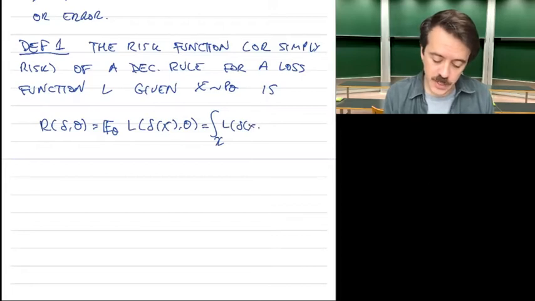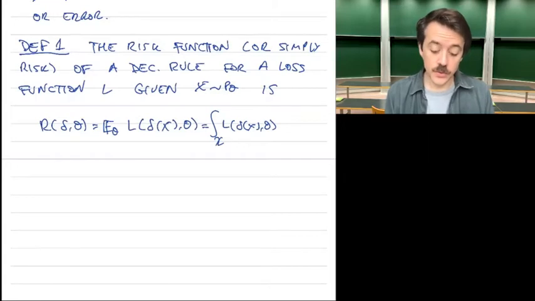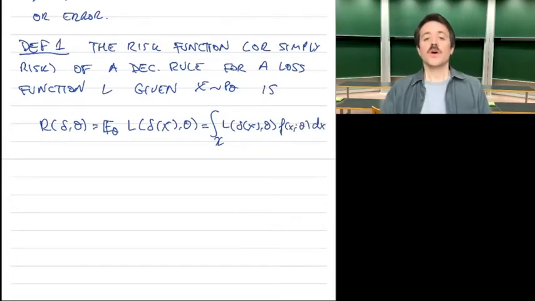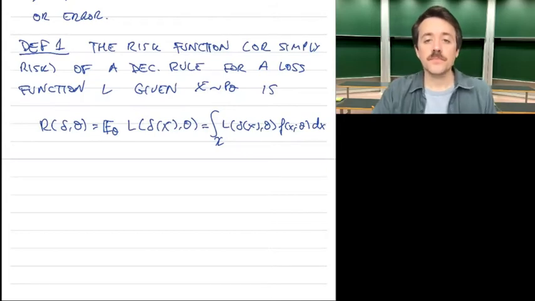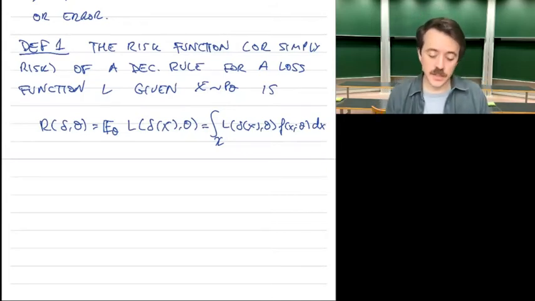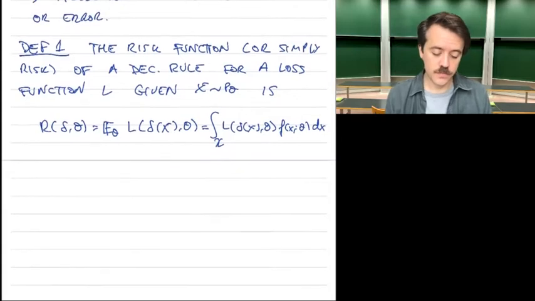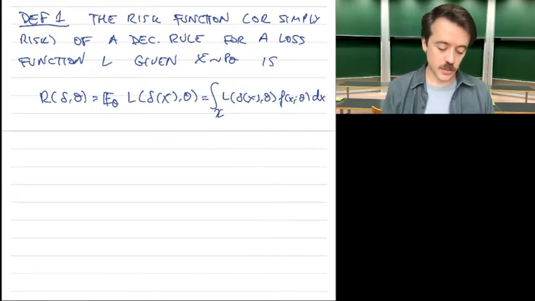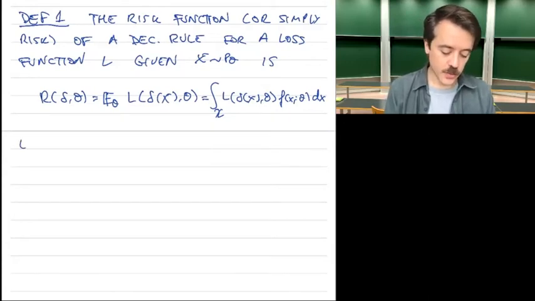So this is going to be, with lowercase now, the integral of L of delta x, theta times p of x theta dx. Okay, so this is the risk. So let's just carry on with examples.